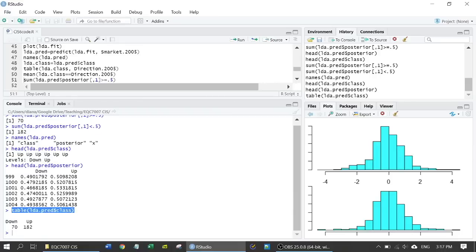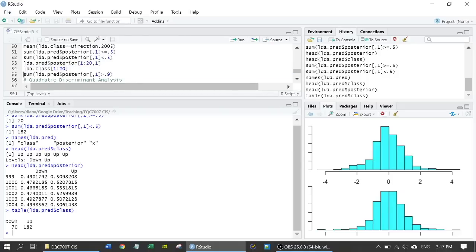Similarly to the information in the LDA.pred$class, the number of observations belonging to the down predicted value is 70. And the other one is 182, and 182 here. All right. So I'm going to skip this particular line, because I've already explained it, and also this line.